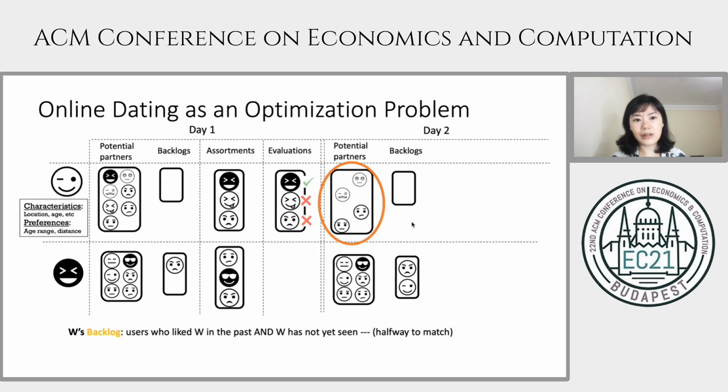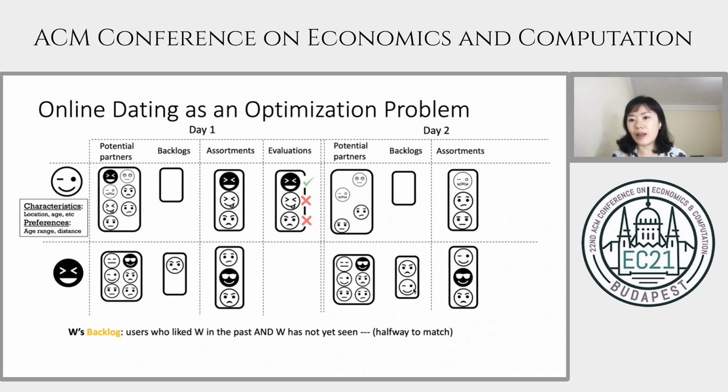The assortments shown on day one for Winky are removed from her potential partners because she already saw them. And then the backlogs are also updated. Because Winky liked Squinty on day one, Winky shows up as a backlog for Squinty on day two. Then again, the platform uses these updated potential partners and backlogs to select the assortment for the users on day two.